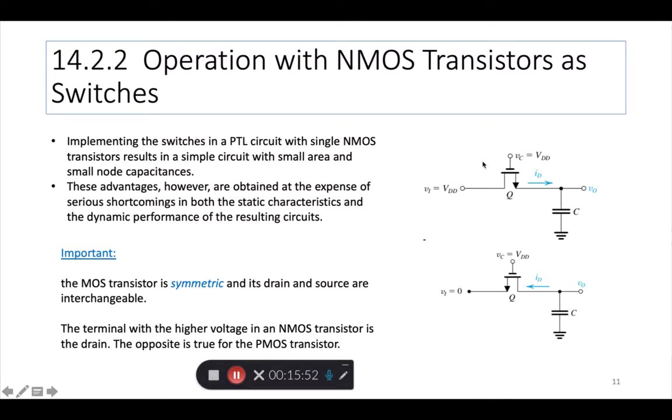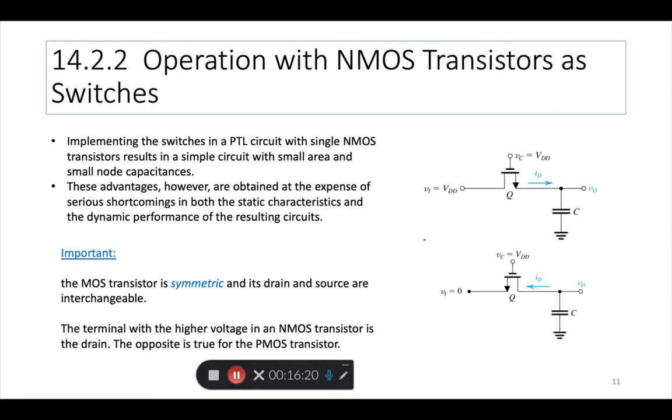As we try to understand what is going on here a little more, here's something to remember. Any MOS transistor is symmetric and its drain and source are interchangeable. What that means is, if you're given a device, there's no rule that says one of them is the source and one of them is the drain.